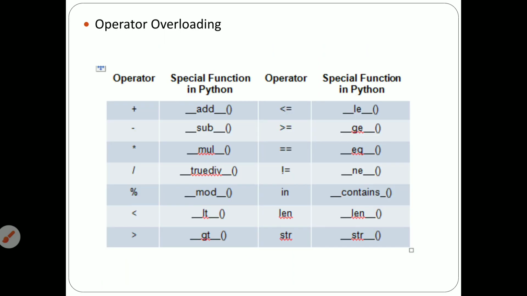And operator overloading. Operator overloading is nothing but the assignment of more than one function to a particular operation. What is meant by function overloading? Function overloading is nothing but assigning more than one behavior to a particular function.